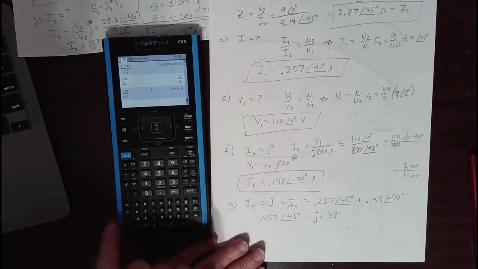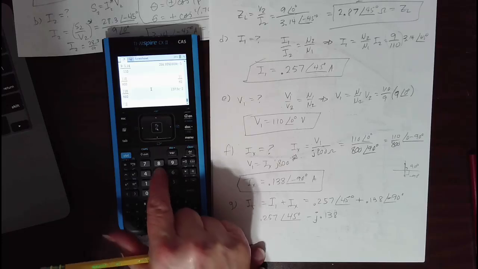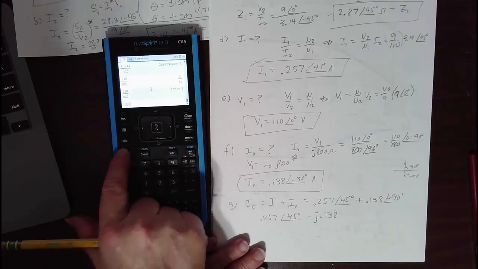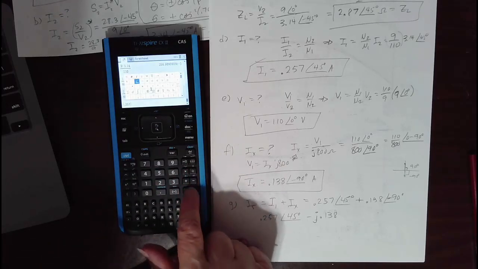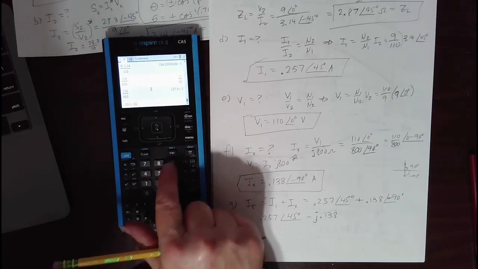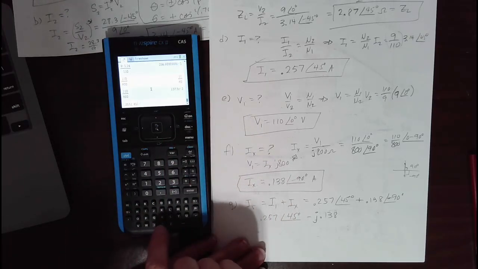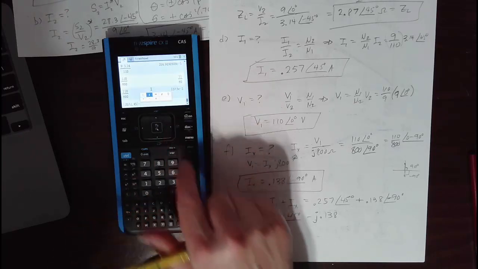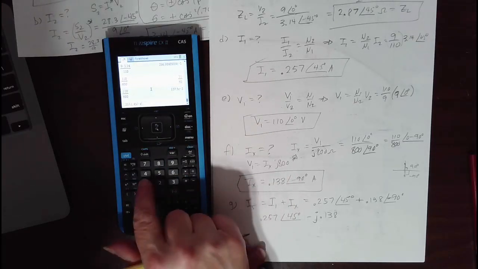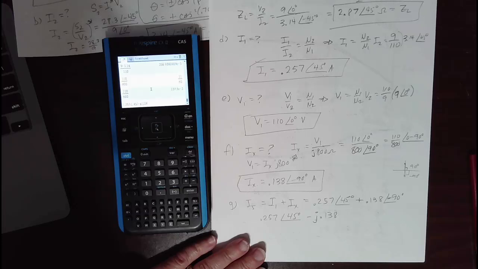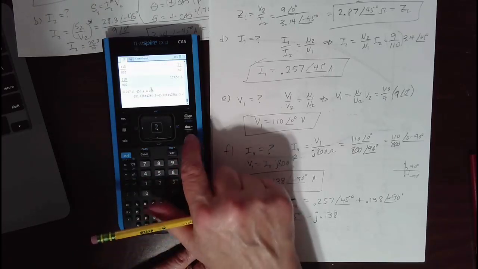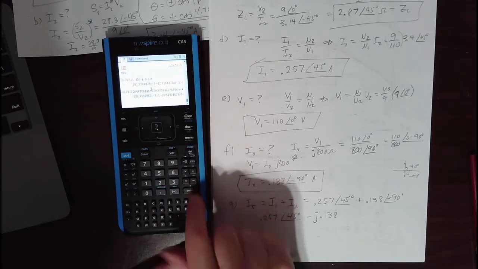Okay, so let's do this. We've got 0.257, got to get my angle symbol here, 45 degrees, minus j 0.138. Let's put that in polar form.